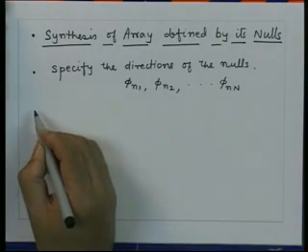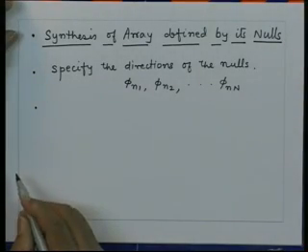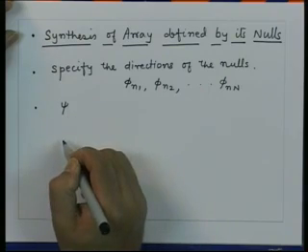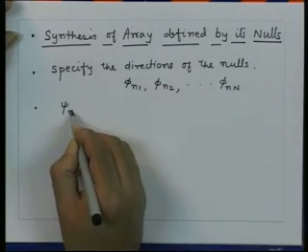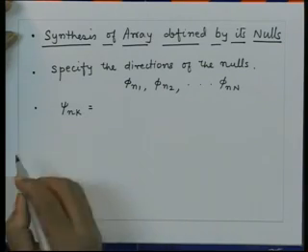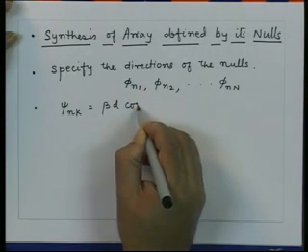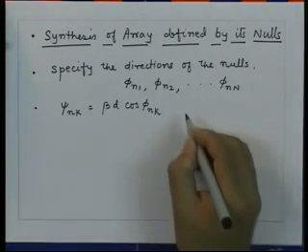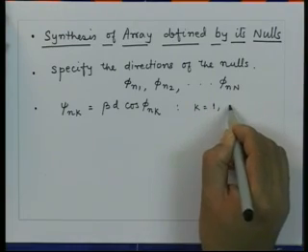Then you find out the corresponding values of psi. So, you have psi n k, that is equal to beta d cosine of phi n k, where k would be equal to 1 to N.